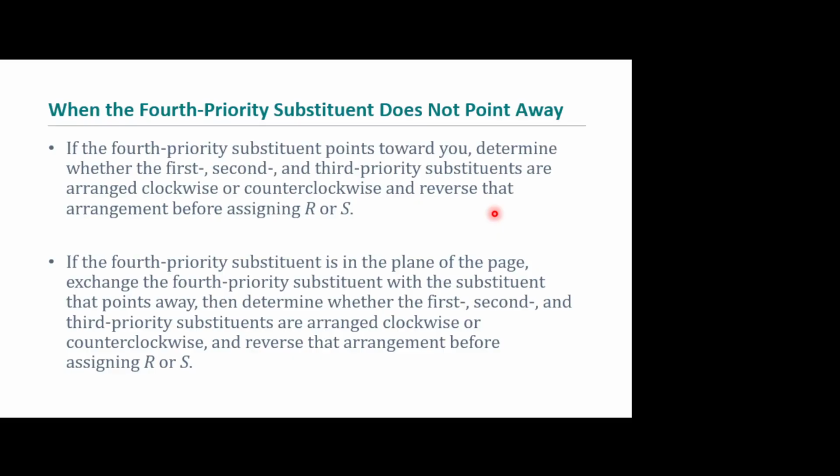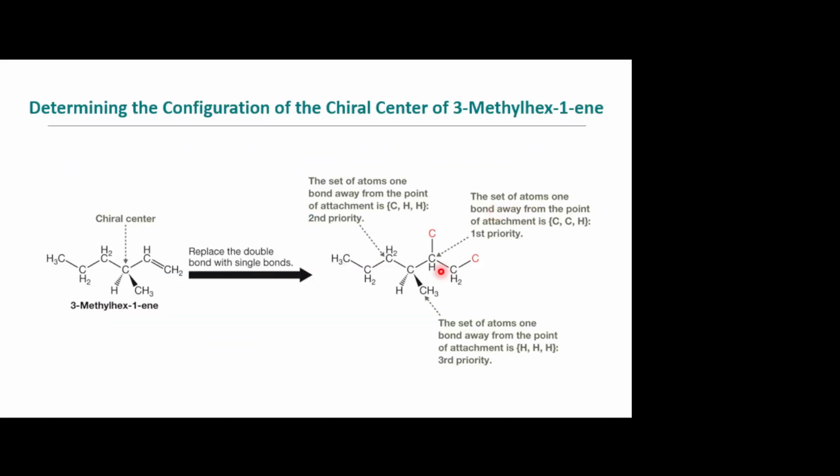The R and the S is the rotation. So it's the clockwise versus counterclockwise. So for example, this right here, this was highest priority, right? Second highest, third highest. And so see how that's counterclockwise? That would have an S designation. Okay? Counterclockwise. R, like right hand, right?